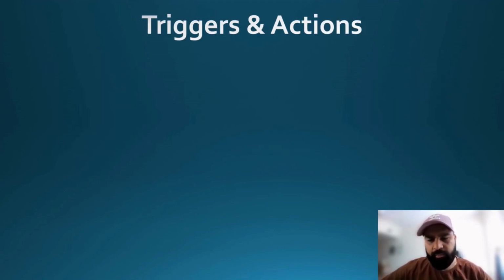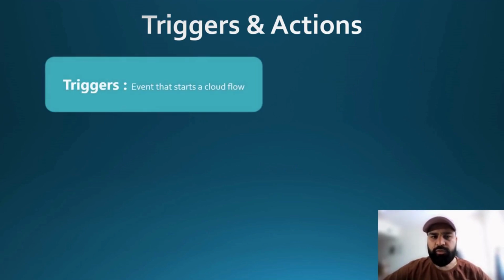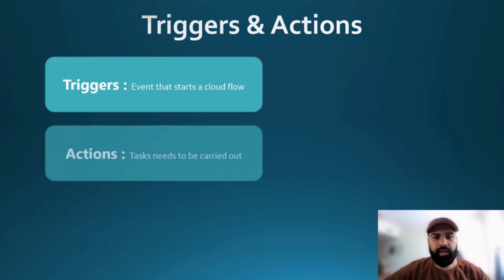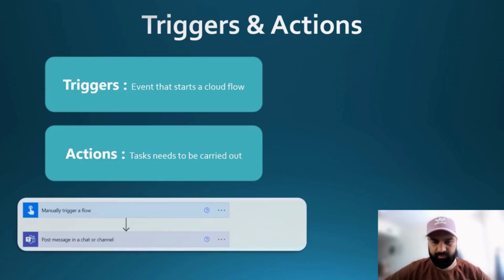Any Power Automate consists of two main components. One is the trigger, which is an event that initiates the cloud flow. And then we have actions. These are the tasks which need to be carried out throughout the definition of the flow. A flow or a Power Automate can have a maximum of one trigger and multiple actions.